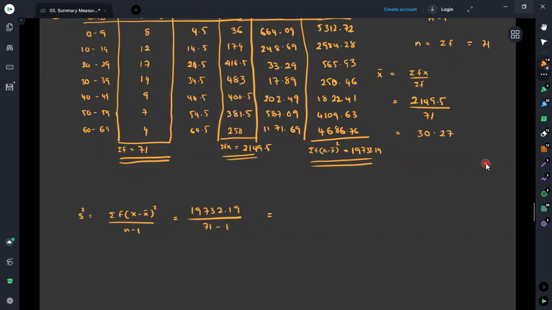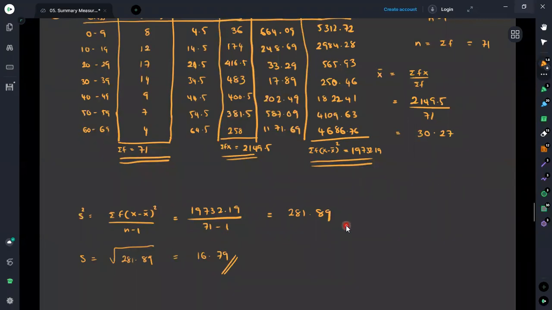We'll get the value accurate to two decimal places as 281.89. Therefore, taking the square root of this answer, we can take the standard deviation. Then the standard deviation gets the value as 16.79 accurate to two decimal places.